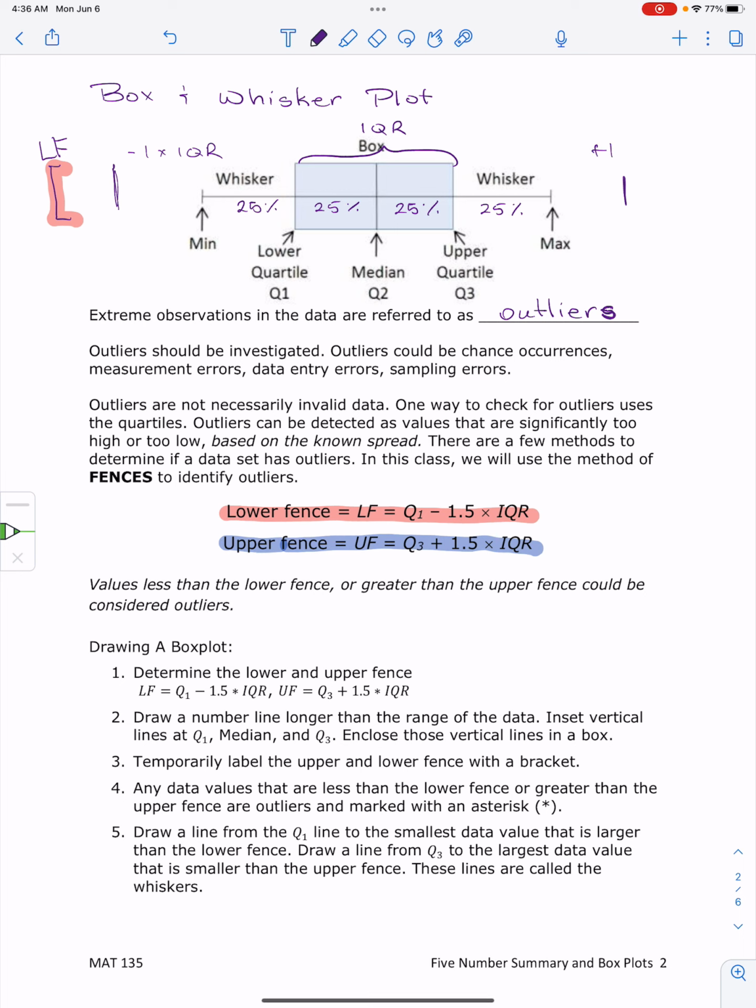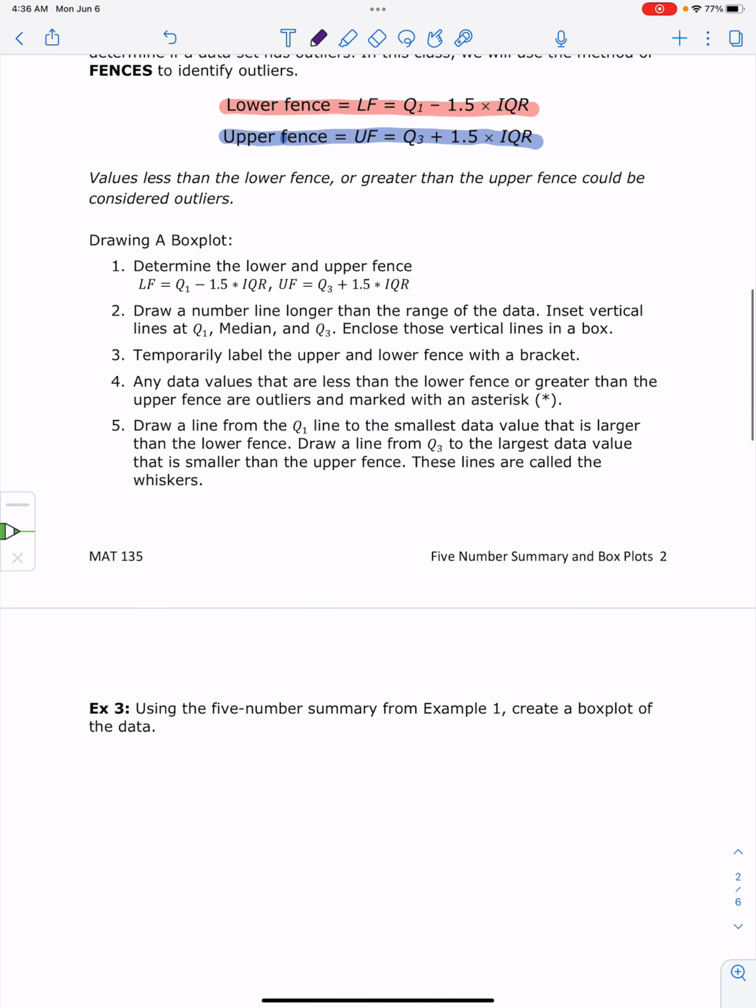This is going to be plus 1 times the interquartile range. So roughly 1.5 times puts us up here, okay? So once I find my 5-number summary, I am going to go ahead and calculate those fences. I am going to sketch those in before I draw my box plot. Feel free to pause right here so you can read through these directions. I'm going to walk through this on the next page.